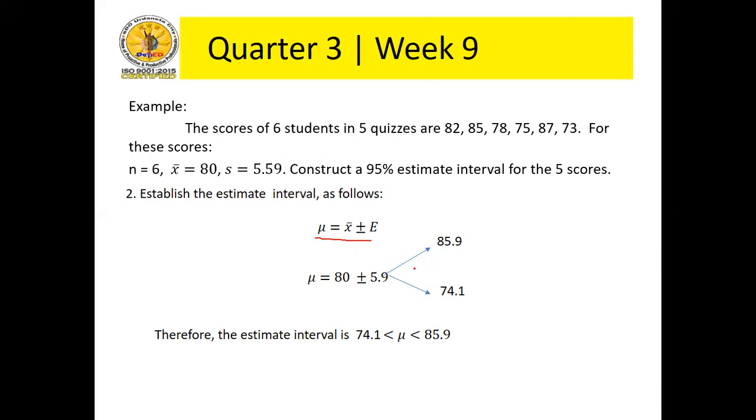So it is a matter of adding and subtracting the margin of error. Therefore, the estimate interval is 74.1 to 85.9. This is how we get the 95% estimate interval for the given scores.